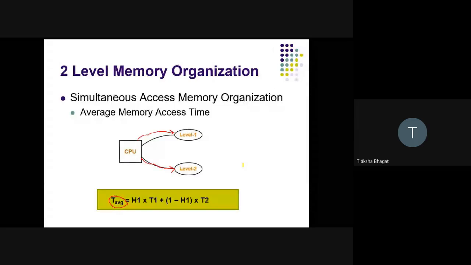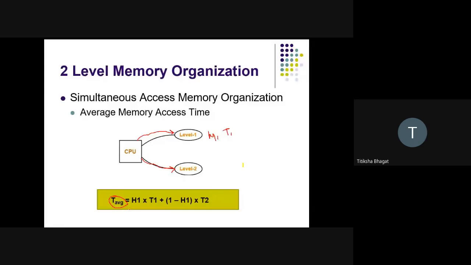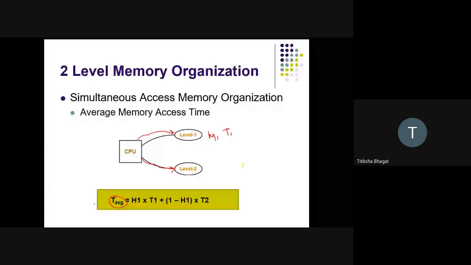Again, it is a very important formula. The average time required to access the information will be, number 1, H1. What is H1? It is the hit ratio of level 1. What is T1? The time required to access that information. So how is this formula represented? First we write H1, the hit ratio of level 1, multiplied by the time required by level 1.